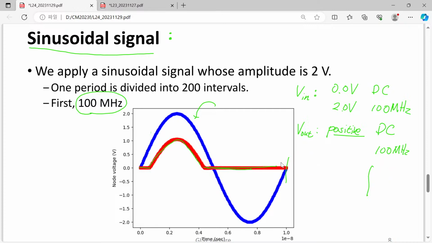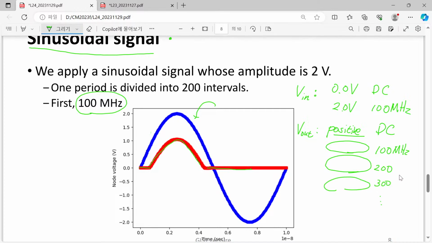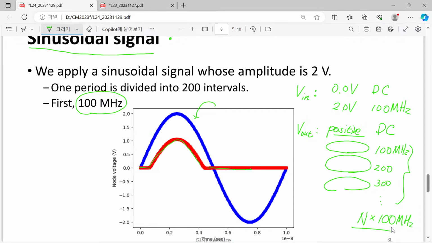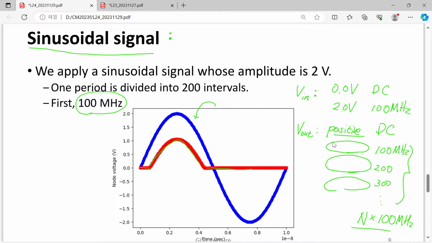So you can say that we will have a non-zero 1 megahertz signal, and also we can have a 2 megahertz signal, a 3 megahertz signal, and so on. Here, 'and so on' means integer multiples of our fundamental frequency, 1 megahertz. We can find these non-zero harmonic components.